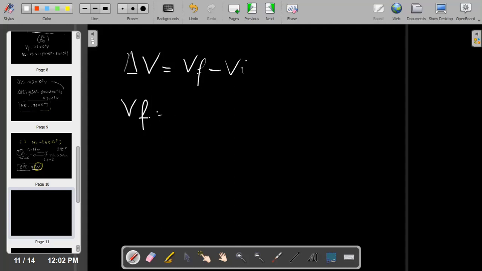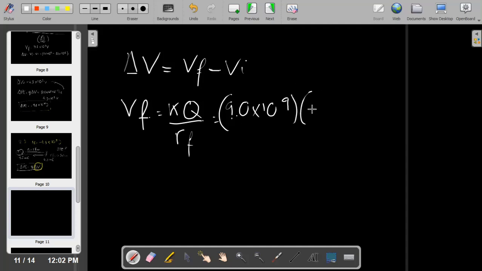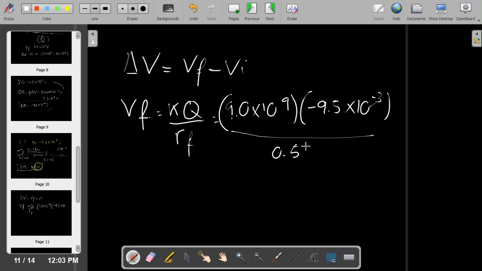It doesn't matter which one you start with. So your final is going to be kQ over r. All of them use the same Coulomb constant, times the stationary charge divided by the final distance. So this is 9.0 times 10 to the 9, always multiplying our stationary charge after you have changed it to coulombs, so negative 9.5 times 10 to the negative 3, divided by our final distance, 0.52 meters.